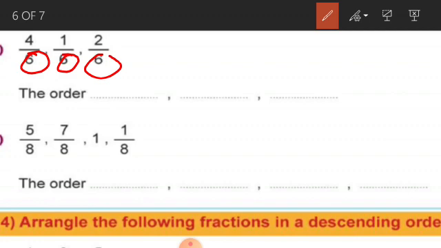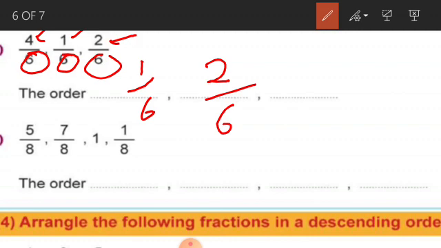I will look for the smallest one. Where is the smallest one here? I will look at the numerator. I have 4, 1 and 2. Where is the smallest one? 1 over 6. The second one is 2 over 6. The biggest one, the last one, is 4 over 6.